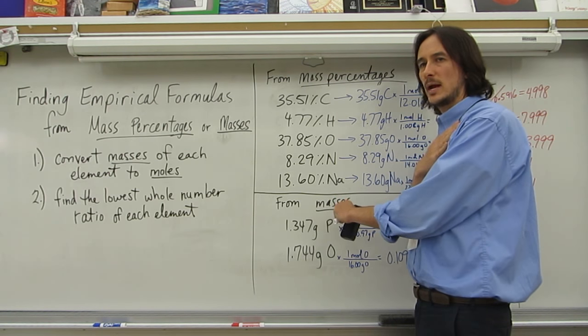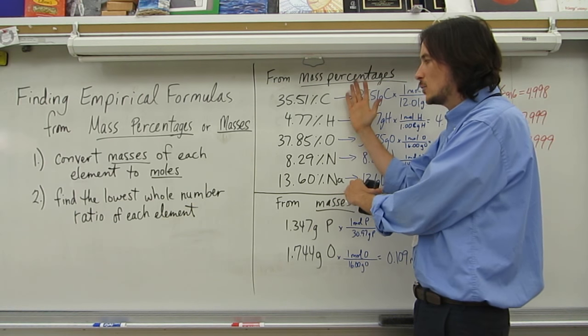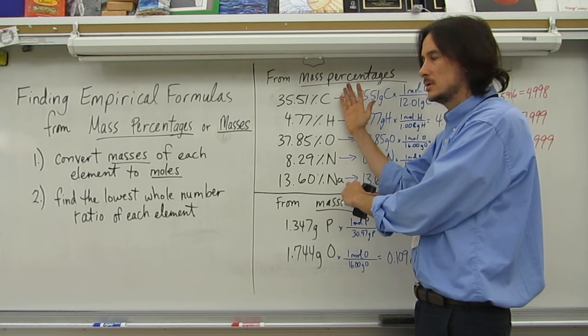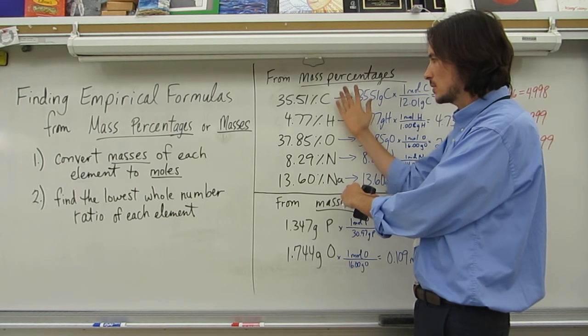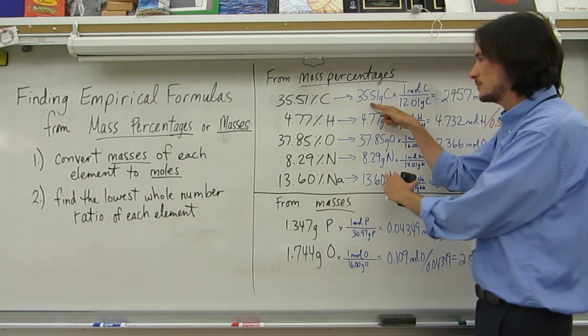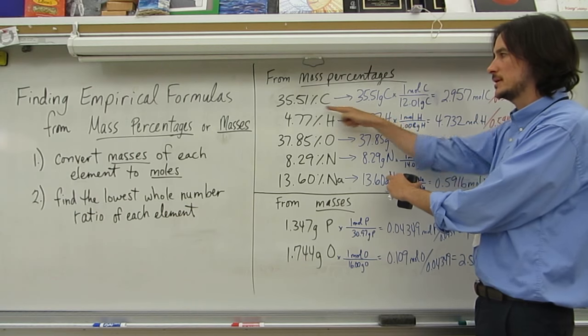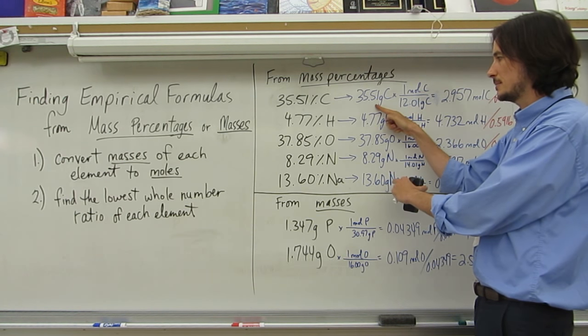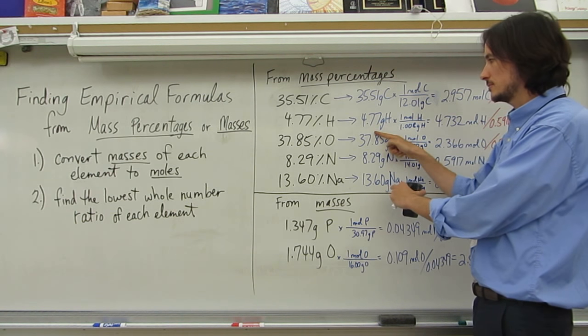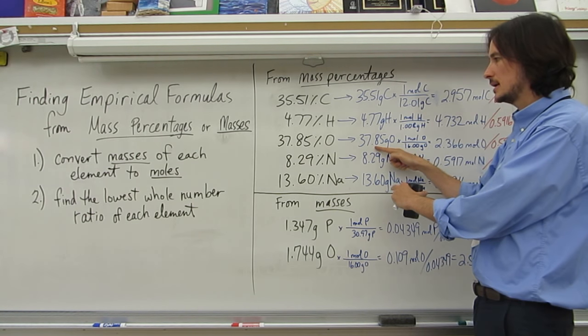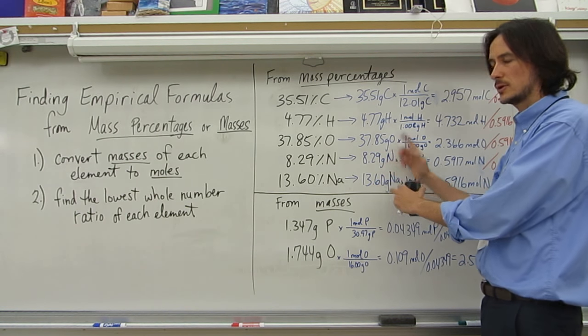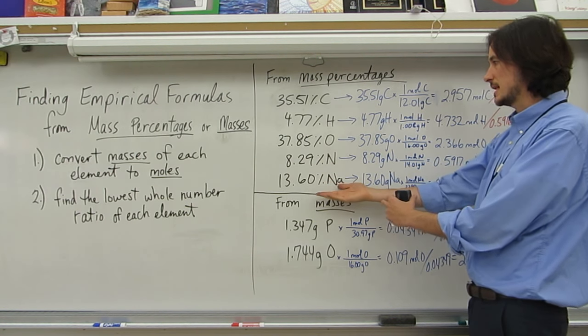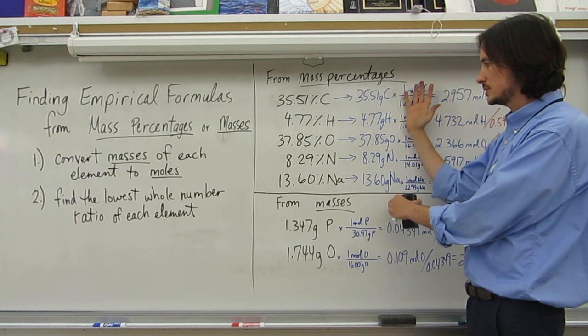The way I like to do it is to say, if I had a 100-gram sample, that would be how many grams there are. So now I've got 35.51 grams of carbon. I just took the percentage and made it a mass. You can see the mass of hydrogen, oxygen, nitrogen, and sodium. It's all just the percentages changed to masses.